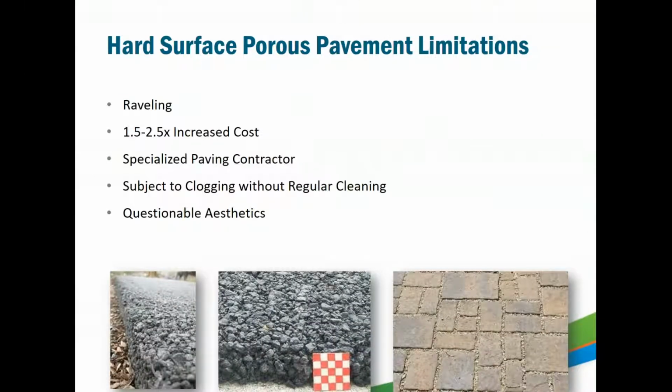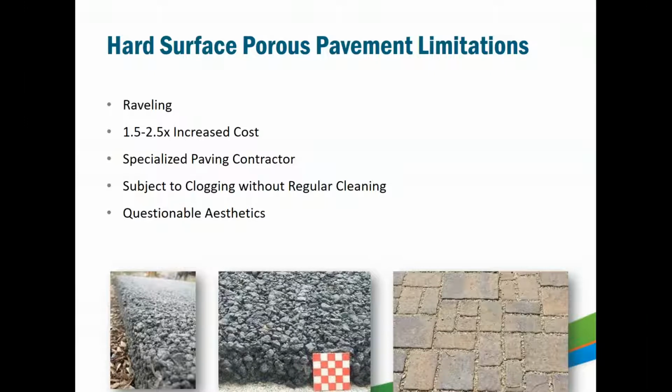However, there are some significant drawbacks to using these traditional methods. Cost is one of the biggest factors, both during installation because of the need for specialized materials to create the pavement and specially trained contractors to know how to properly install this type of system, and because of the higher lifetime maintenance expenses for the project.